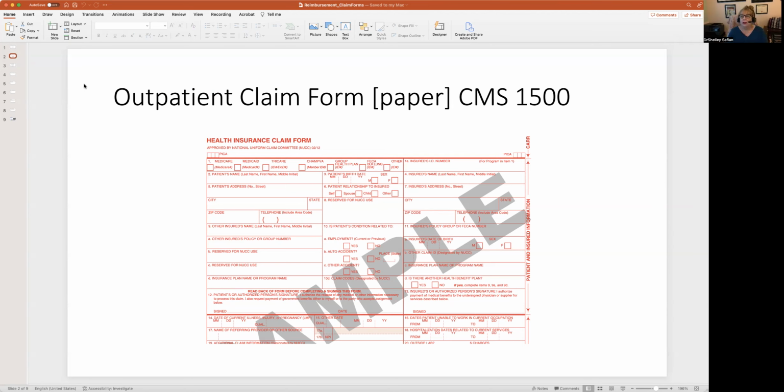And the electronic version looks a bit differently, but the data, the information that you need to input is the same. There are fields that are identified with a little caption like patient's name, last name, first name, middle initial. This is what is focused upon in your textbook chapter reading for this week.